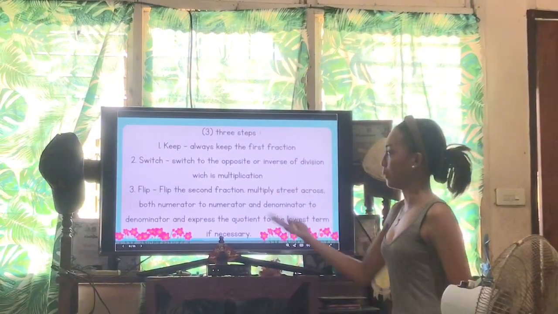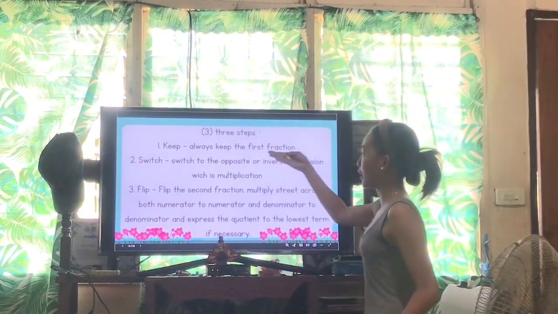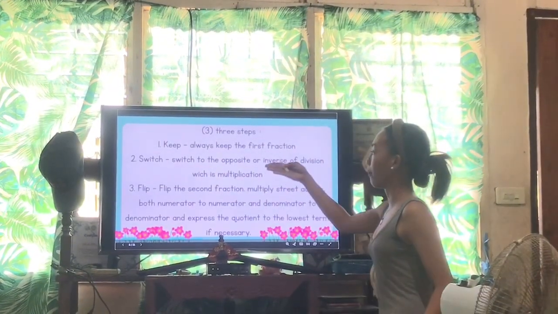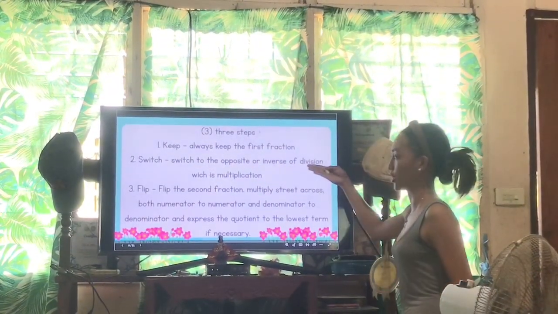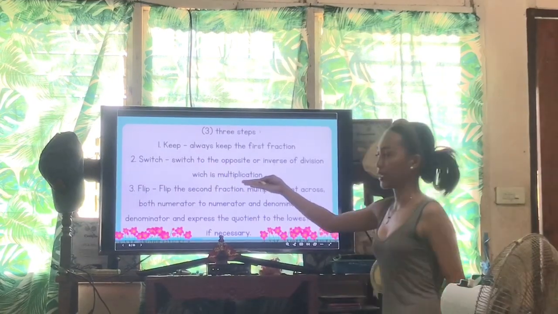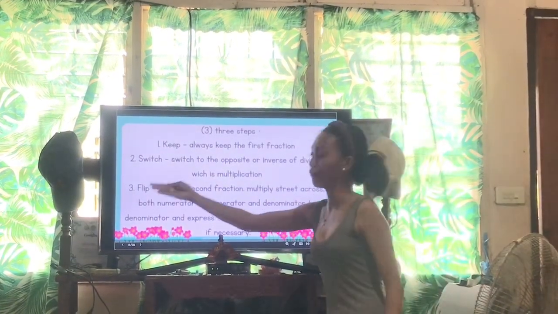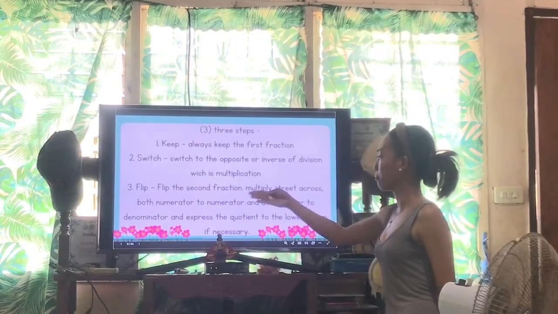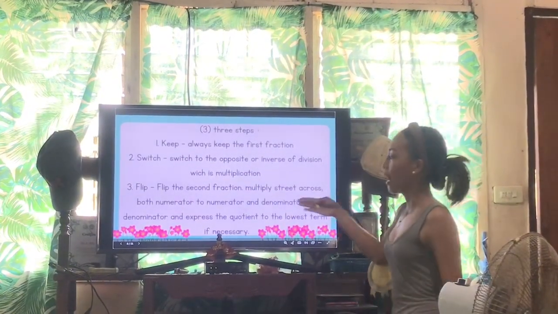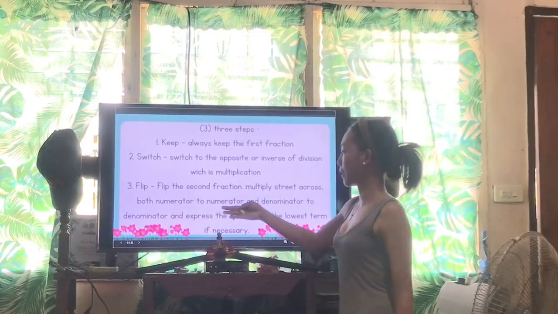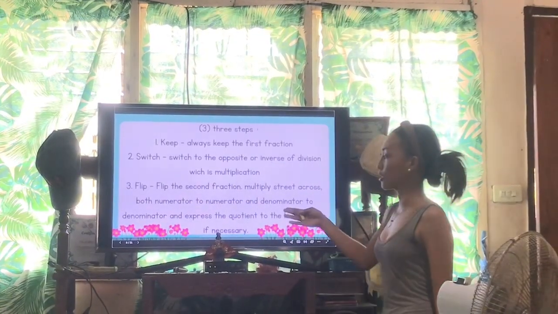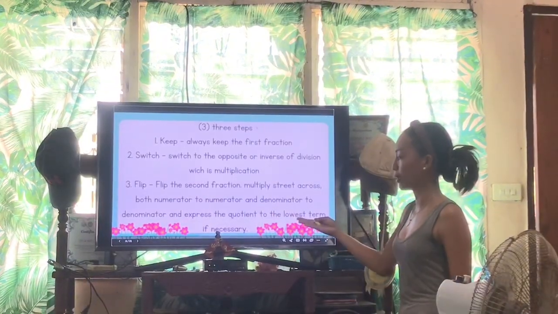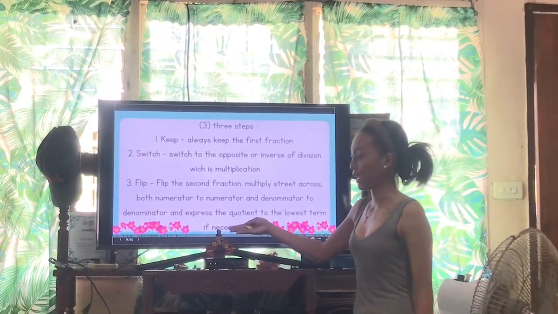Keep: always keep the first fraction. Switch: switch to the opposite or inverse of division, which is multiplication. The last one is flip: flip the second fraction. Multiply straight across, numerator to numerator and denominator to denominator, and express the quotient in the lowest term if necessary.